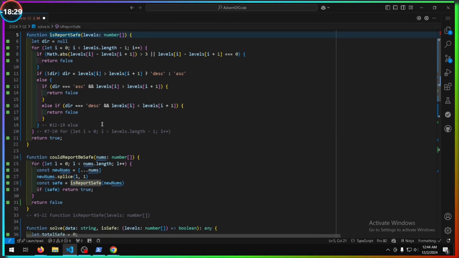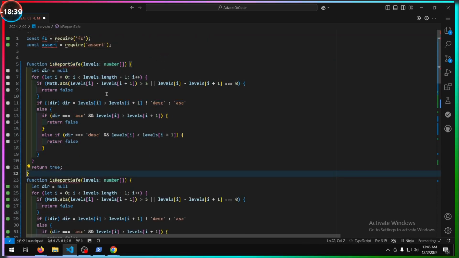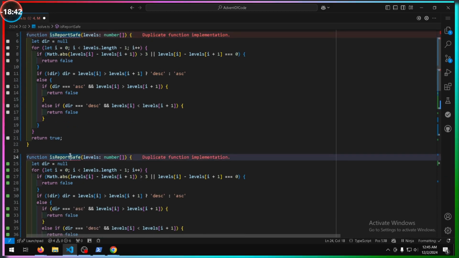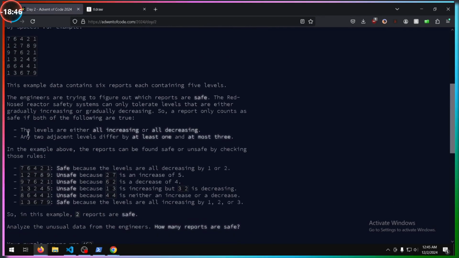Well, one kind of depends on the other, being a little bit fancier. So we're going to break this into another subfunction. What are we calling these individual numbers? Levels, right? Okay.